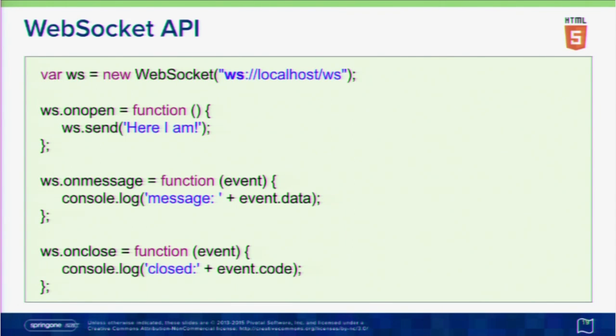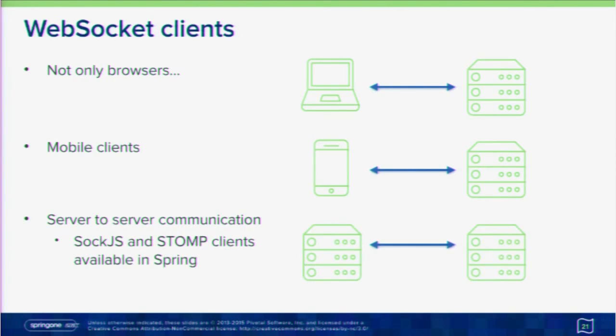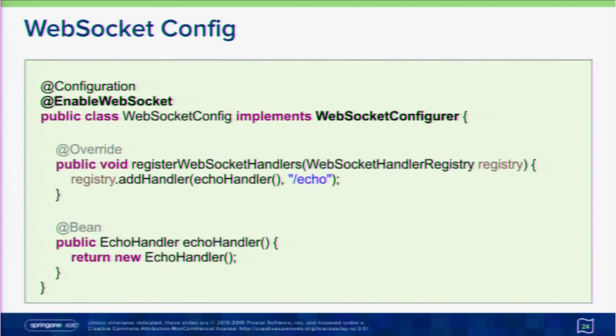Whenever we start this WebSocket, we need to define this endpoint somewhere. So that's going to be the endpoint that we defined in here. We define an endpoint at /echo, and we define a handler for all the messages going to that endpoint, which is the one that we have down there.